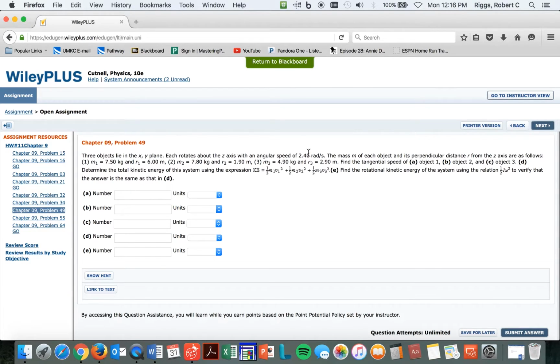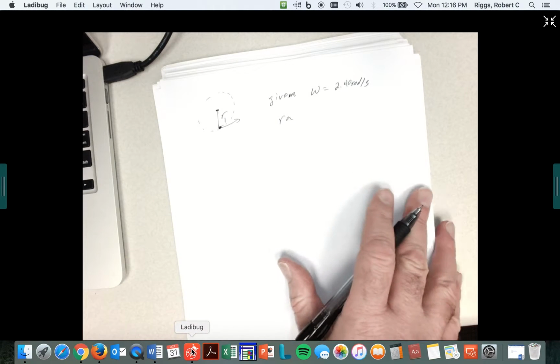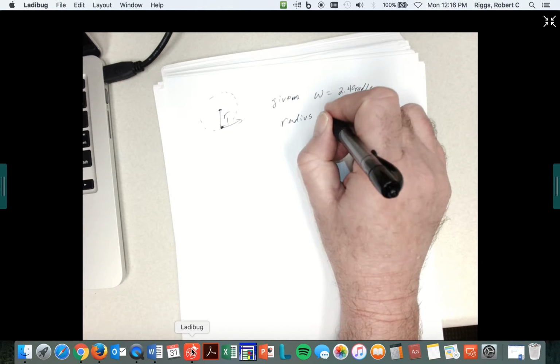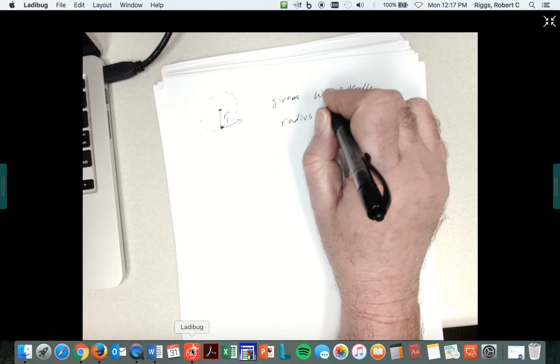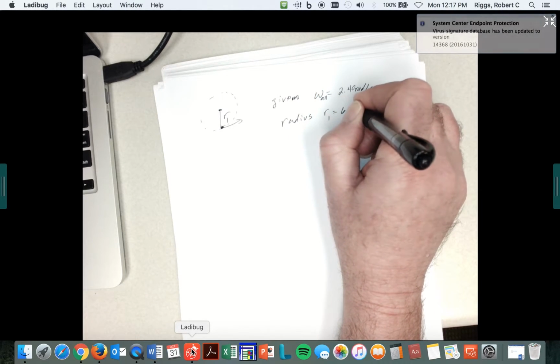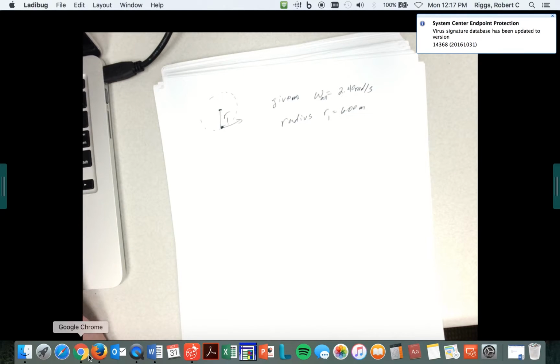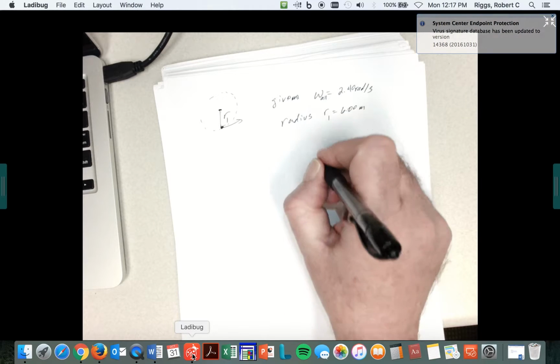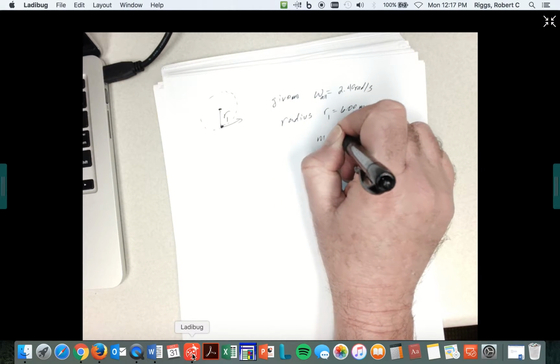All of them are spinning at 2.40 radians per second in my problem, and m1 is 7.5 and r1 is 6 meters. Okay, so that's pretty hefty. So omega for all of them is 2.40, and r1 is 6.0 meters. And what was the mass? 7.5 kilograms. The mass of one is equal to 7.5 kilograms.